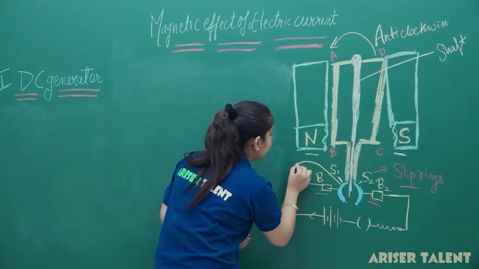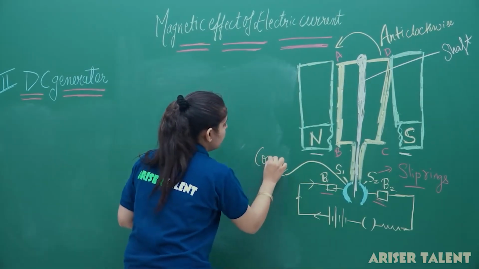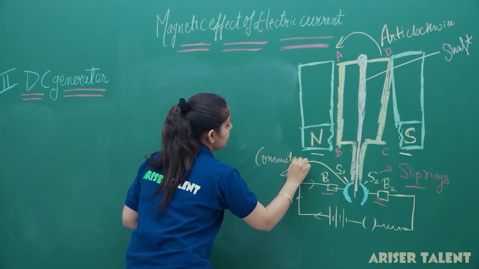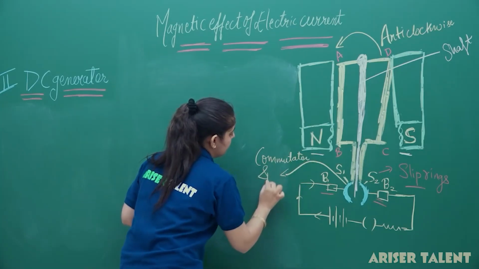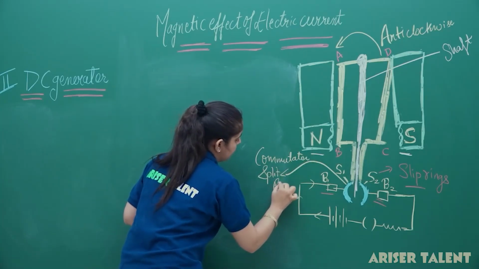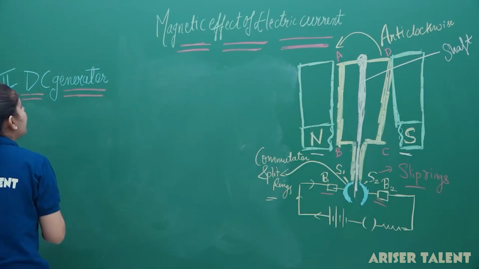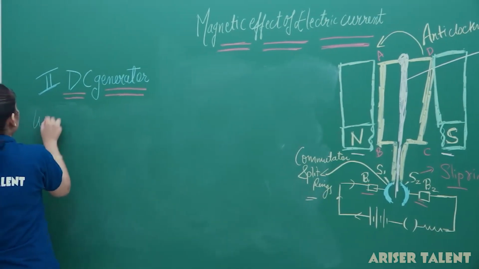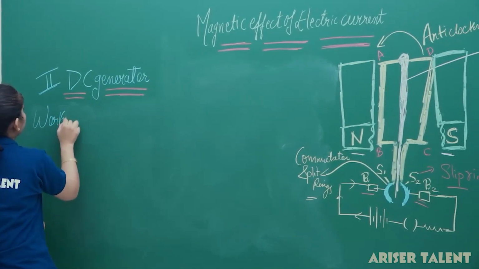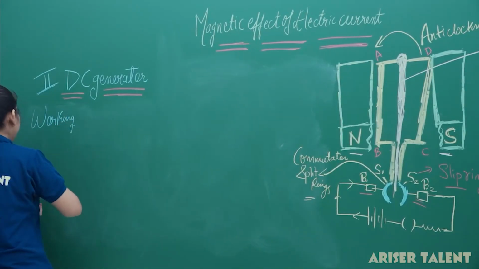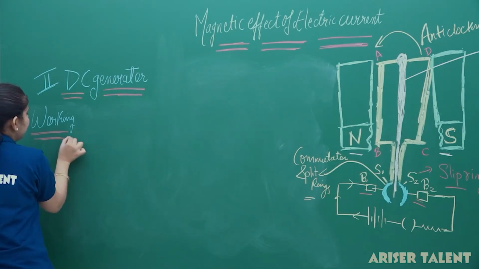So, I can write here, this is our commutator, the split rings. Now, let us start with the working of the DC generator. How actually the DC generator works.